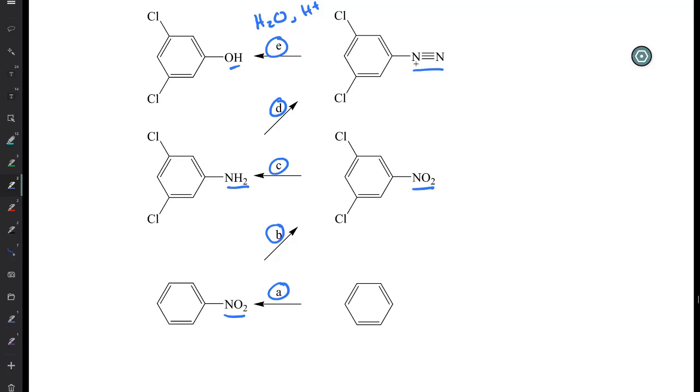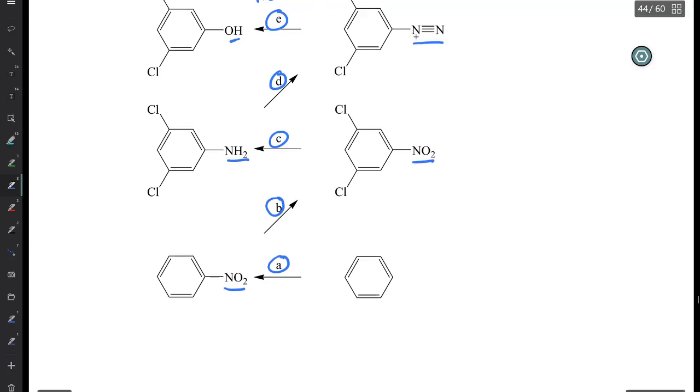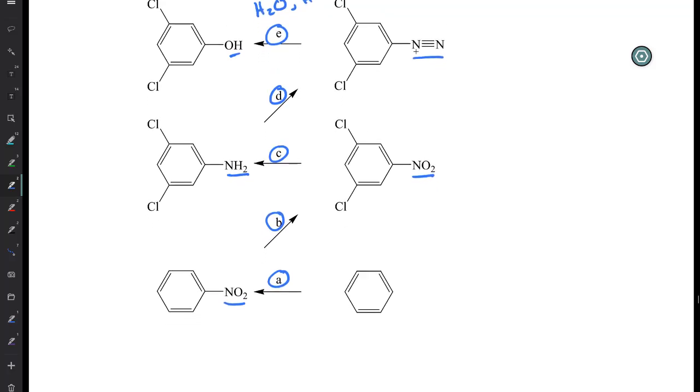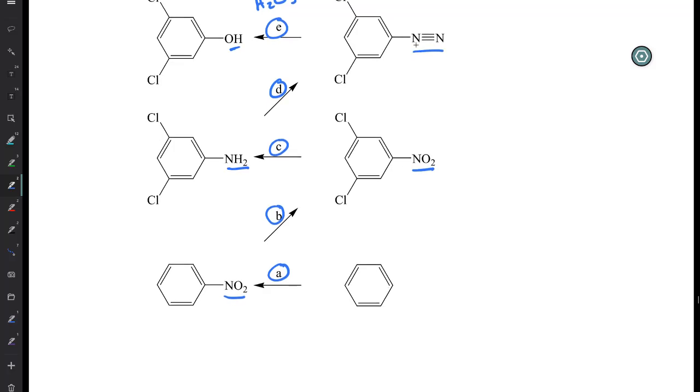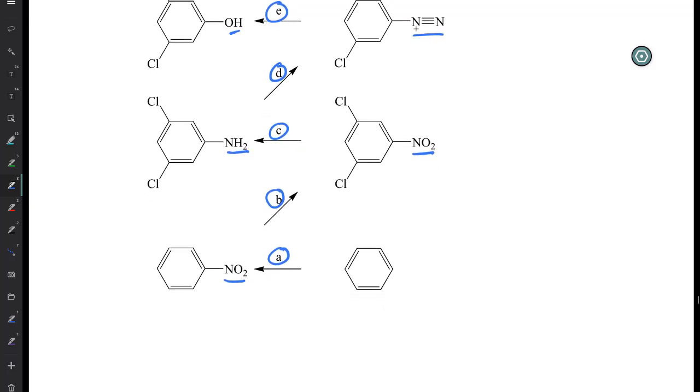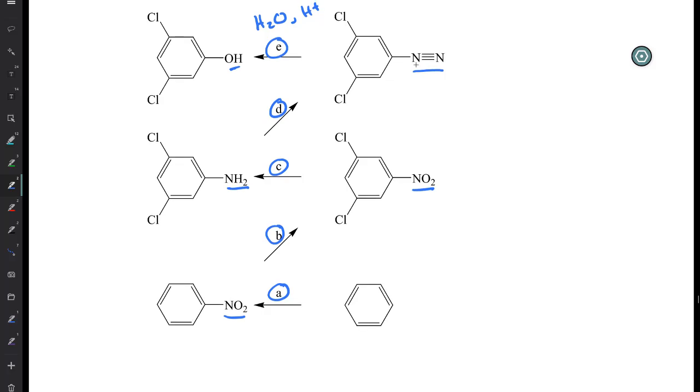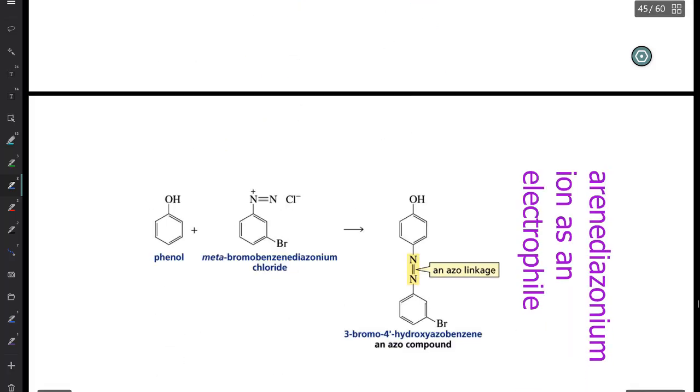So basically, you get a nucleophilic addition of the water and replacement of the diazonium salt. Again, all these reagents are ones that you can easily look up in the slides, so I'm not going to repeat them.